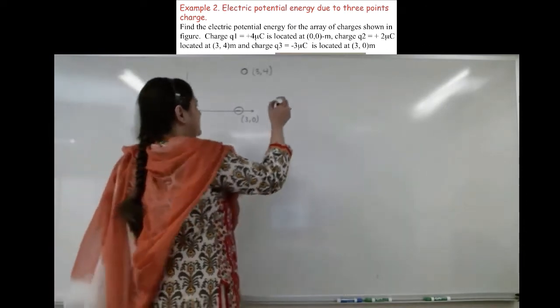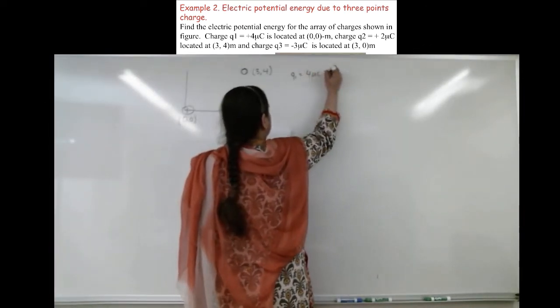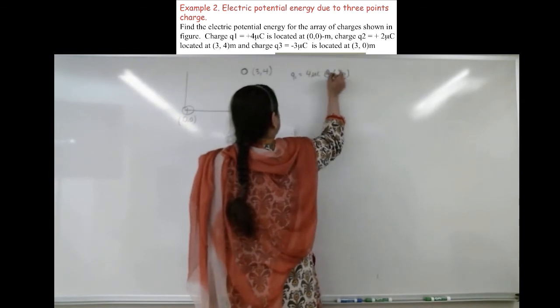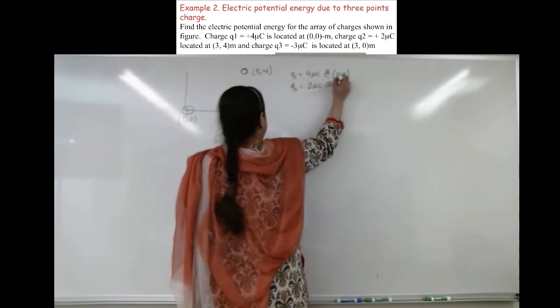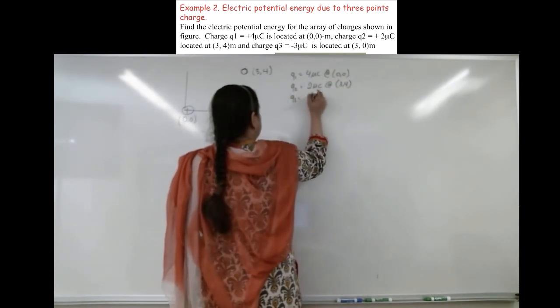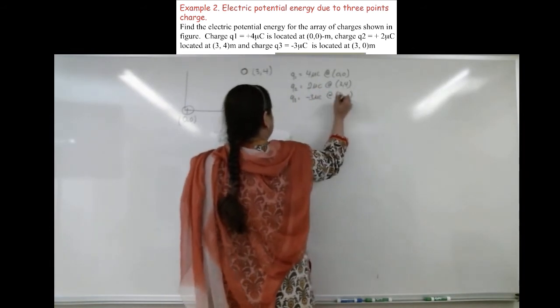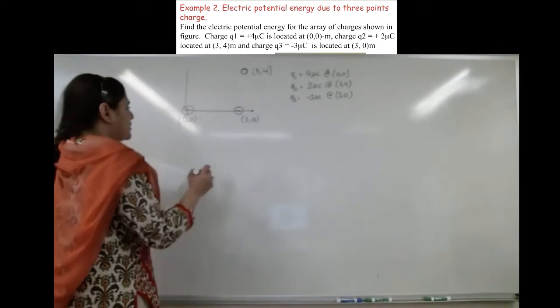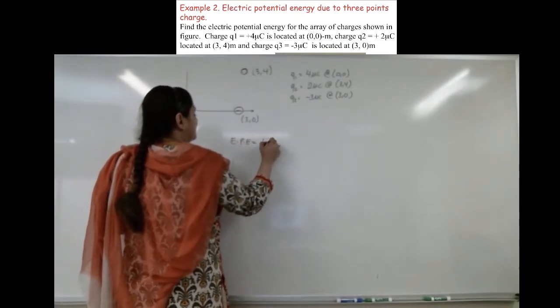So what are we given? Q1 is equal to 4 microcoulombs at 0, 0. Q2 is 2 microcoulombs at 3, 4. Q3 is minus 3 microcoulombs at 3, 0. So it's asking us, what is the electrical potential energy, or U?